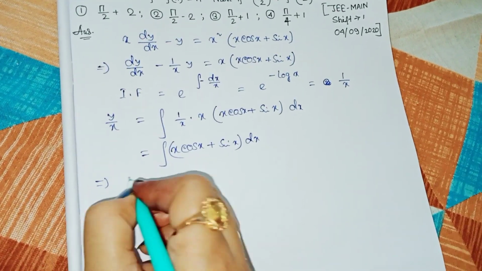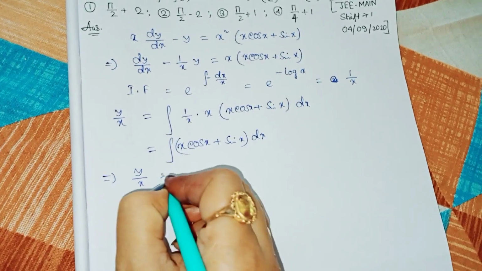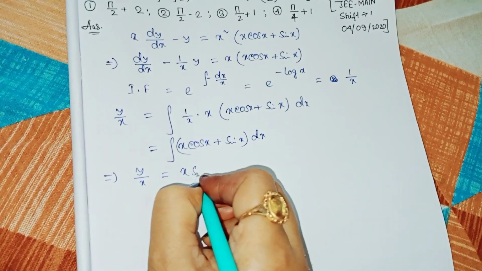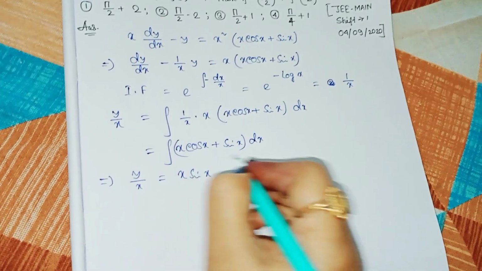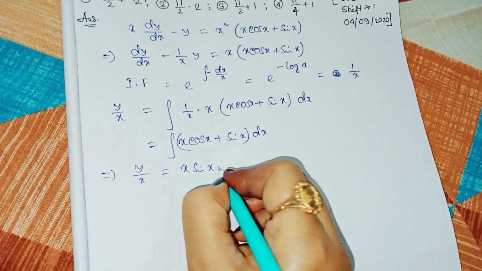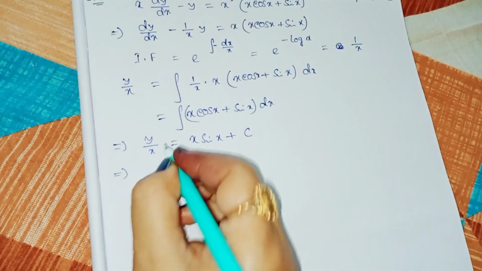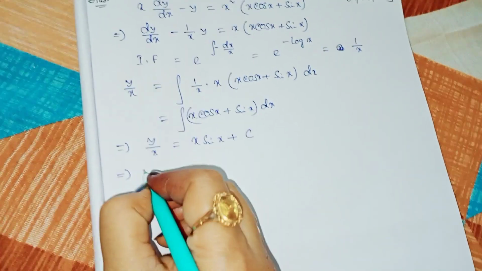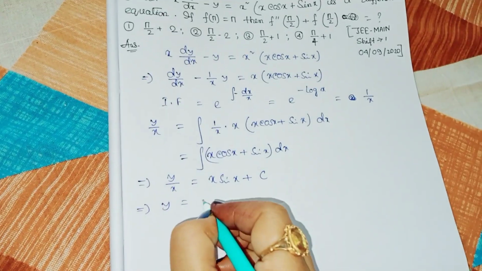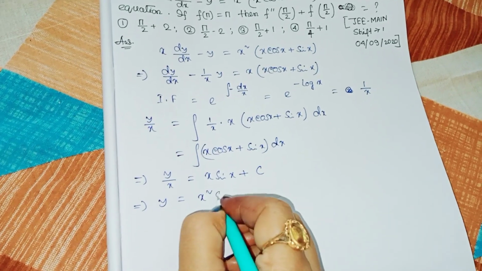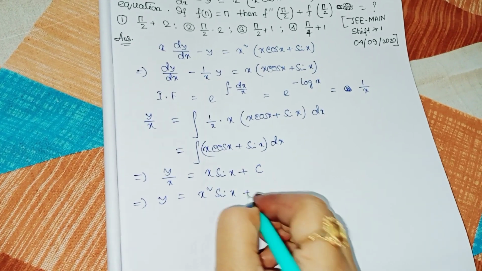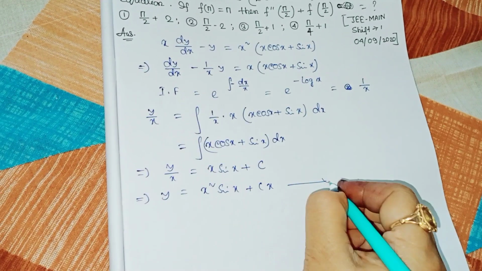That implies y by x is equal to x sin x plus cos x minus cos x, cos x is cancelled off, plus c, the integrating constant. Now multiplying with x, it becomes y is equal to x squared sin x plus cx. This is our equation 1.